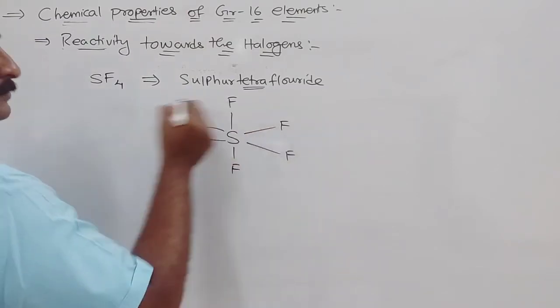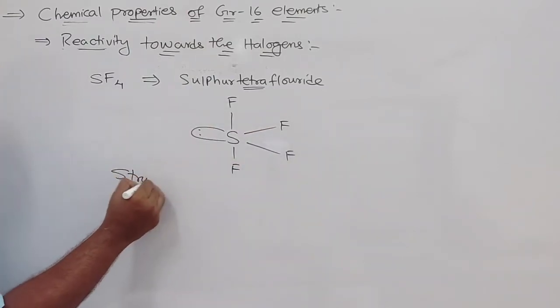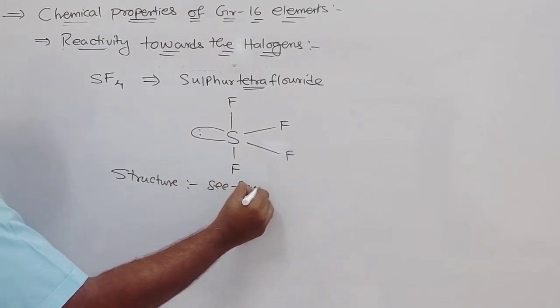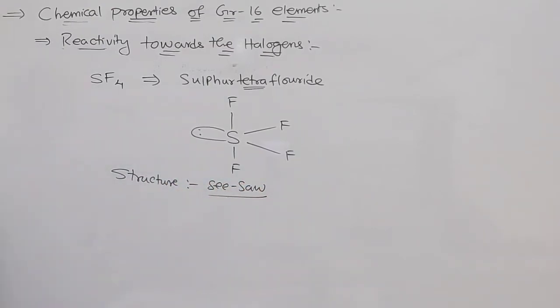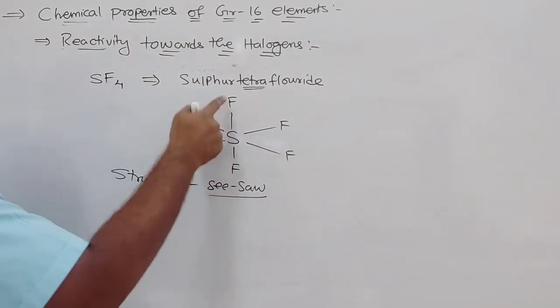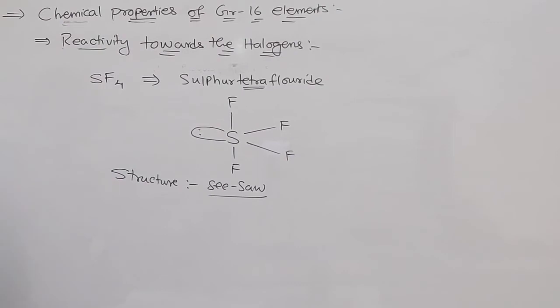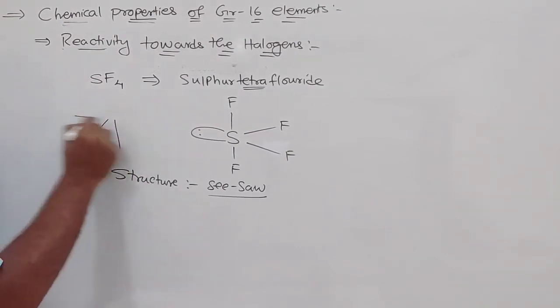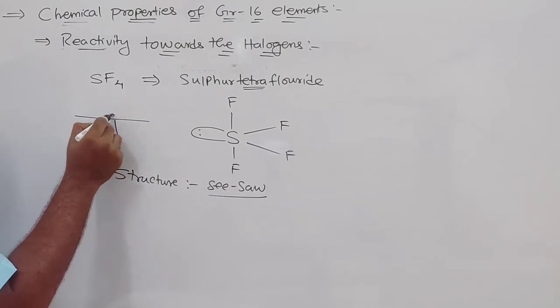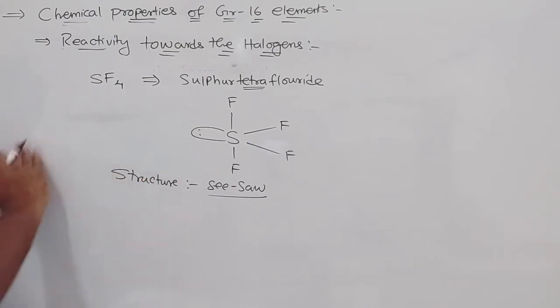Write here, structure: seesaw. You see a seesaw in a garden. The structure can look like a seesaw; this is the plank of the seesaw. You must have seen one, no? Like this it is. This is fluorine, and here is sulfur. So the seesaw type is the structure.